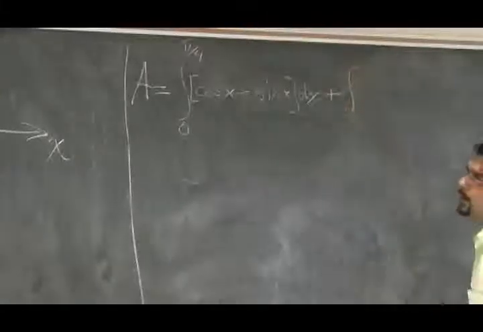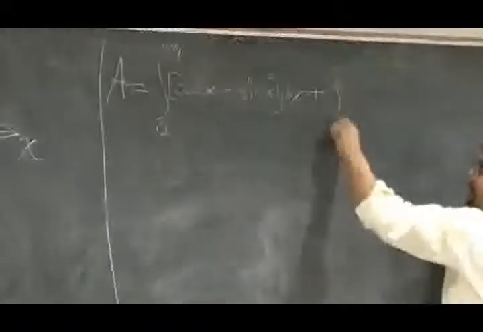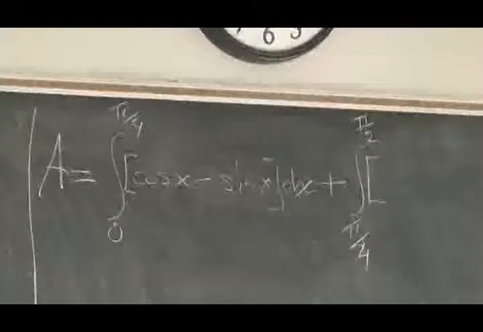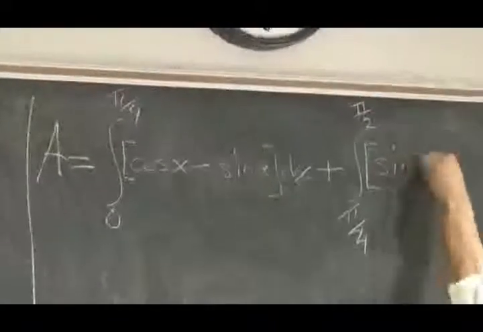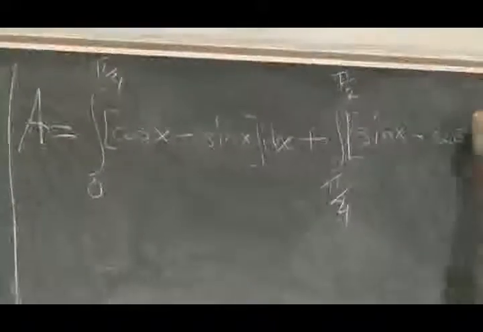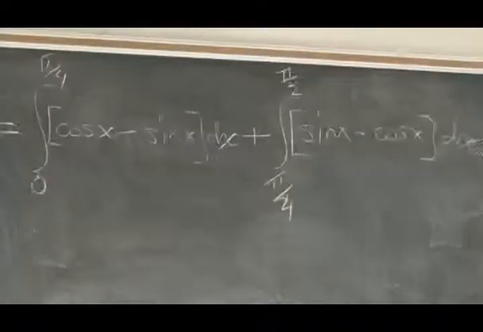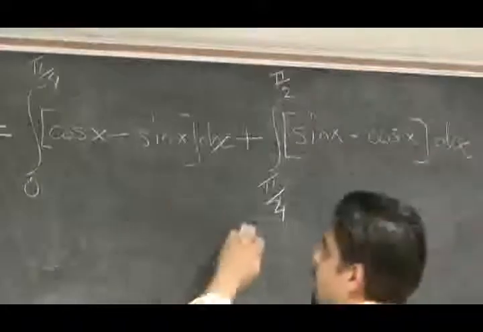Plus, for A2, your interval is pi fourth to pi halves. And in that interval, the top is always sine x, and the bottom is cosine x. Is that clear? Yeah. Okay, and then we're going to calculate these integrals.